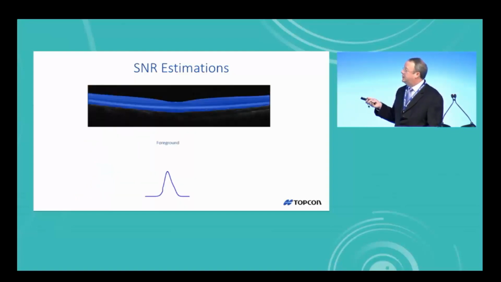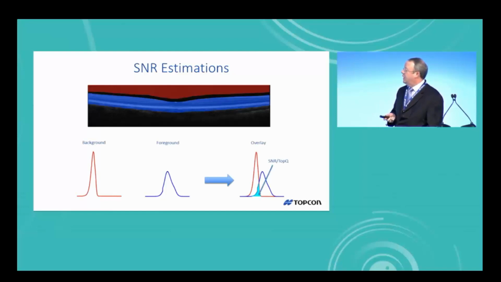Then the retina itself is identified and that signal is used as foreground. And the two are put together, overlaid, and the shape of the overlap is then quantified using a proprietary calculation.